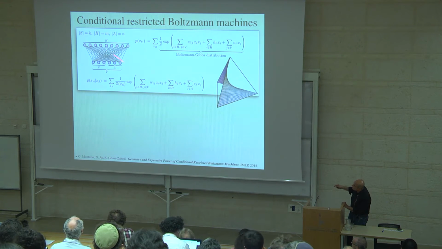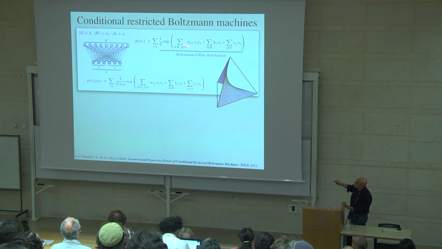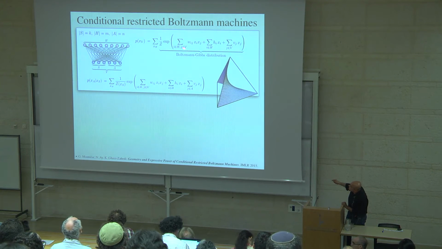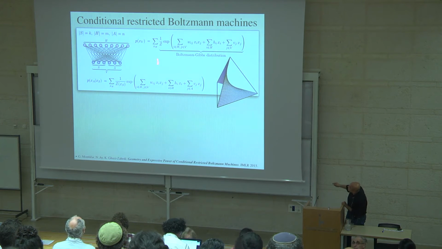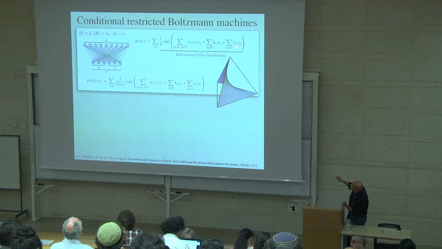To this connection we assign a parameter w_ij, which stands for the synaptic strength between element i in the hidden layer and element j in the visible layer. Then we add a so-called magnetization for all the elements: for the elements of the hidden layer, here denoted by h_i, and for the elements of the visible layer, here denoted by v_j.